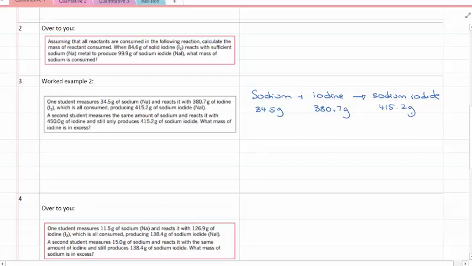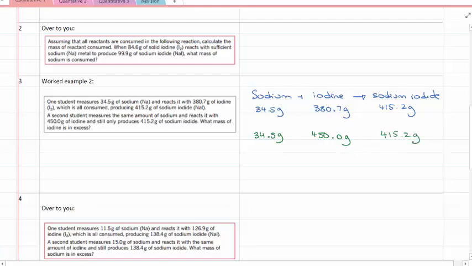Okay? Now, the second student, what they're doing is they're using the same amount of sodium, but this time they're reacting it with 450 grams of iodine, and it still only produces 415.2 grams.